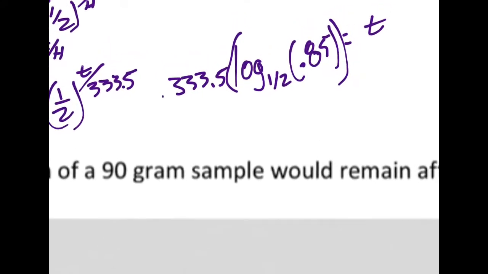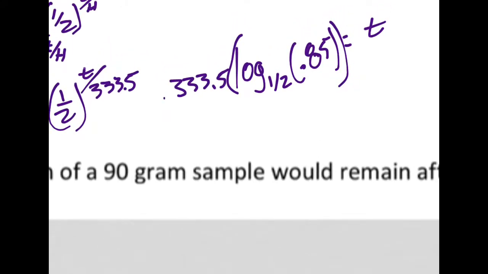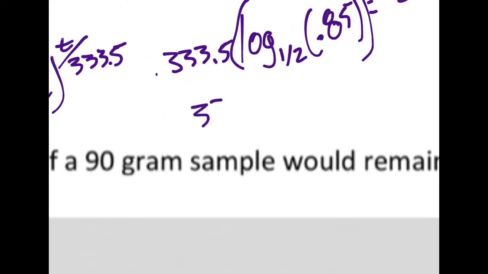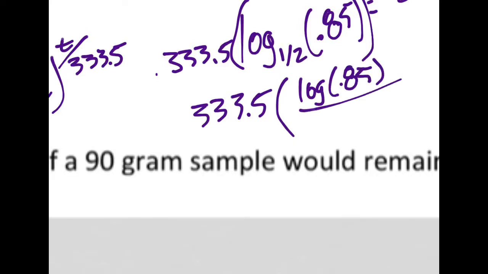But if you're on a TI-83, you can't do this as log base 1/2. So you would have to do 333.5 times log of 0.85 divided by log of 1/2.